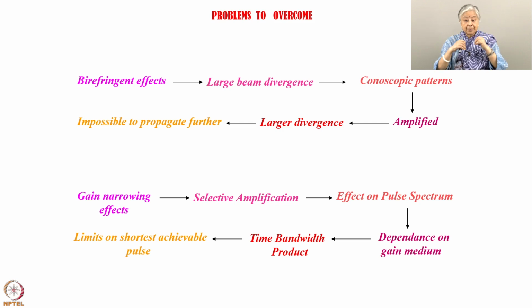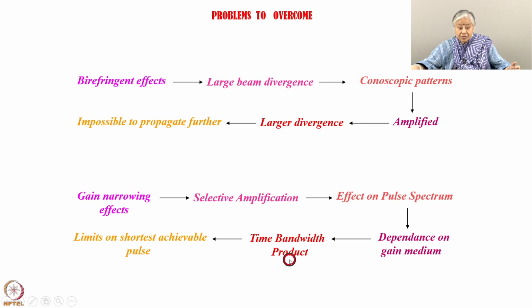So you have selective amplification, and this affects your pulse spectrum. As you can see, the spectrum becomes narrower and narrower. The spectrum becomes narrow means the gain is also narrowing. So the pulse spectrum is narrowed, dependent on the gain medium, okay.